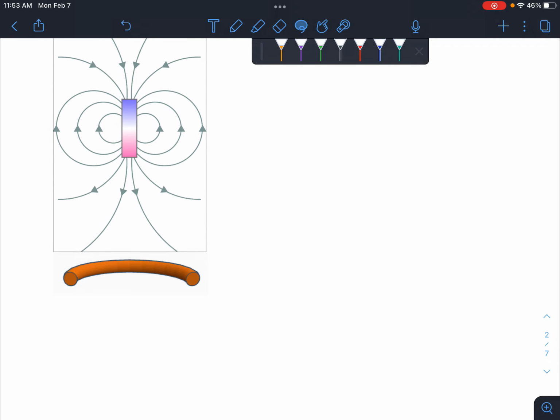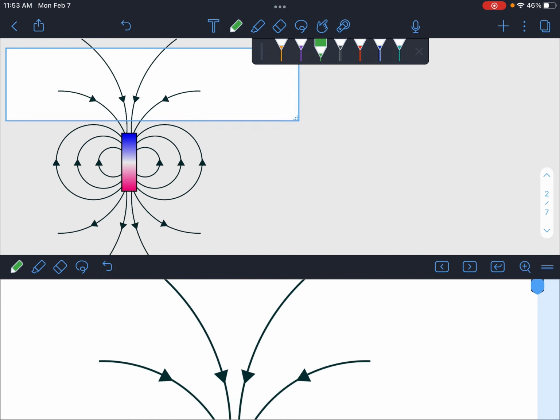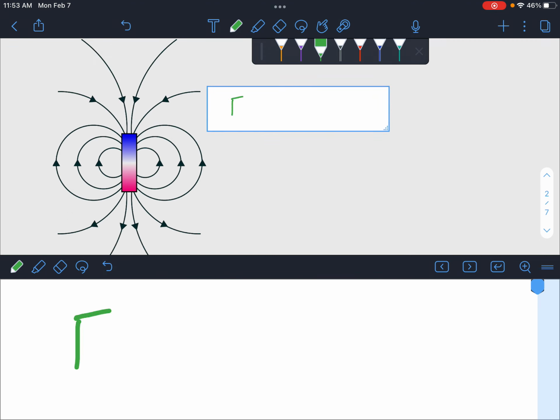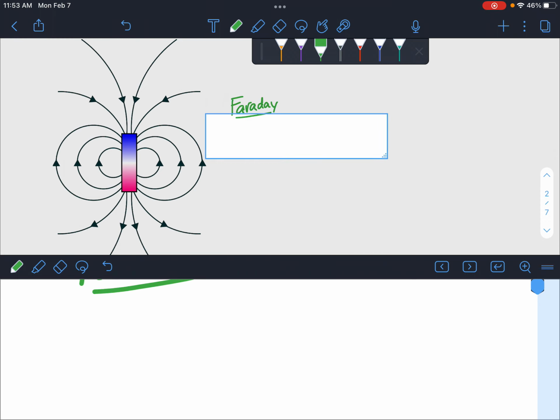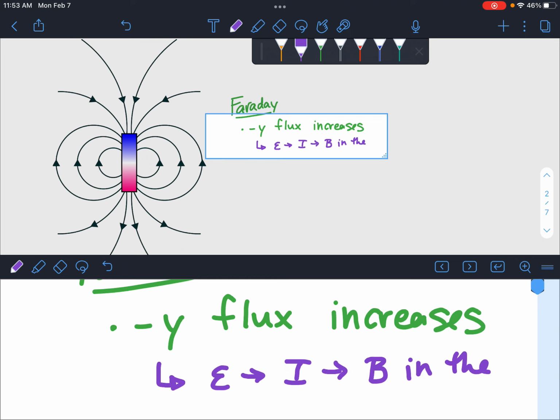And so according to Faraday's law, if I want to take a look at this from a Faraday's perspective, and maybe that's helpful and maybe that's not, then we see that the negative y flux increases, and as a result, what that means is we should get an EMF that produces a current that produces a magnetic field in the positive y direction.